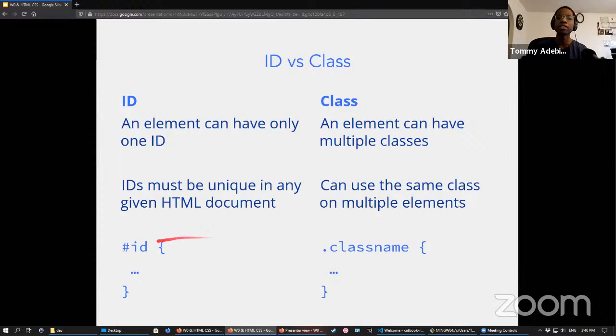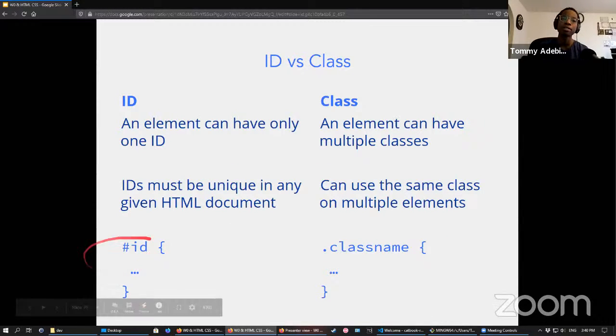And also there are the syntax differences that I mentioned earlier, especially the pound or hashtag for ID, and a dot or period for classes. Otherwise, the syntax is the same. The rules will look the same.